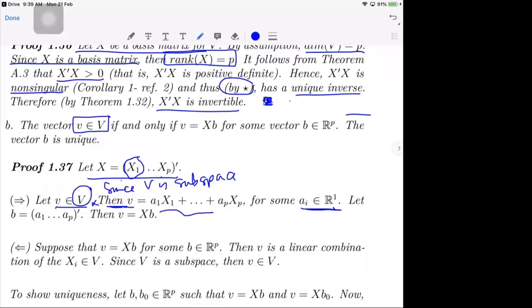So for some constants a, you can write it as a linear combination of the elements of X. And then if we let b be the set of constants that you have obtained, each one is a scalar, but when joined together, it becomes a vector. So this time a will be in R^p, b is in R^p.